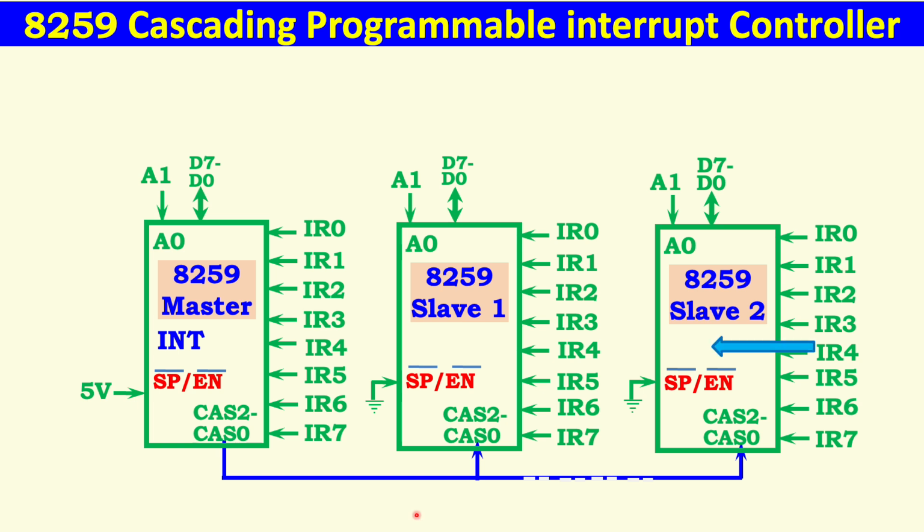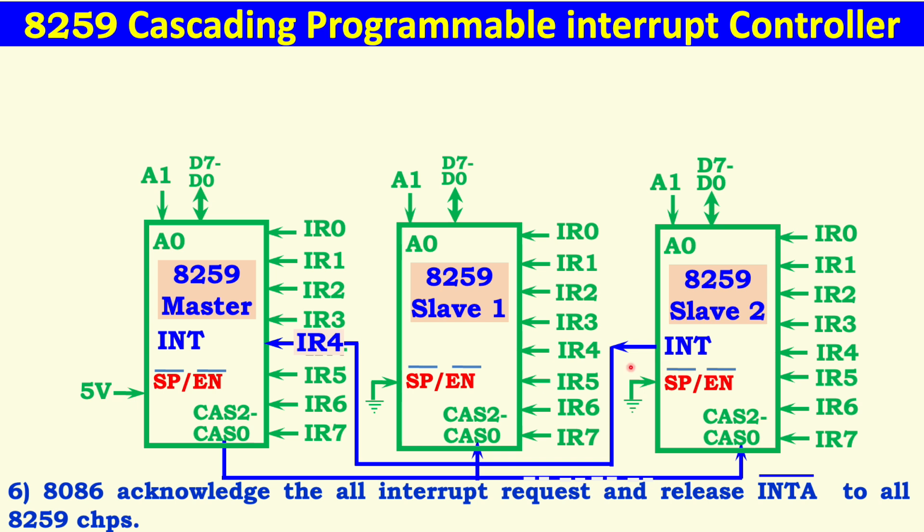How is it? Let us see. See the IR4. What is IR4? It is the fourth bit of the third 8259 chip. So we can generate the interrupt IR4 from slave 2 8259, and this generated interrupt is directly fed to the interrupt of the 8259 master.